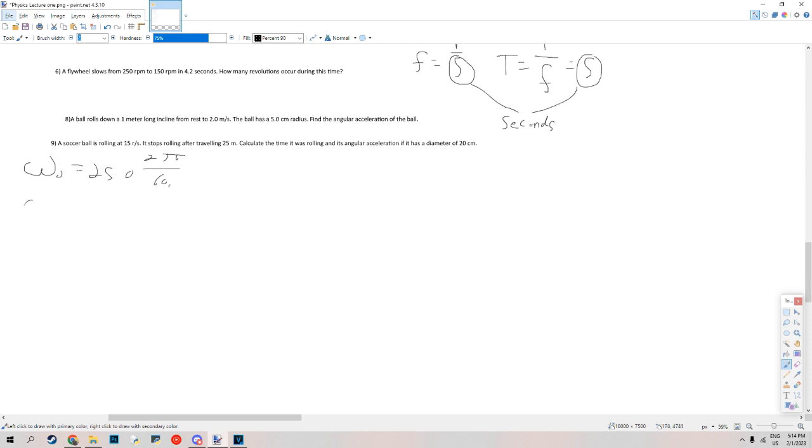It tells us our final angular velocity was 150 rounds per minute. It tells us time was 4.2 seconds, and it wants us to find the number of revolutions. The number of revolutions is just theta over 2 pi, so it really wants us to find theta.